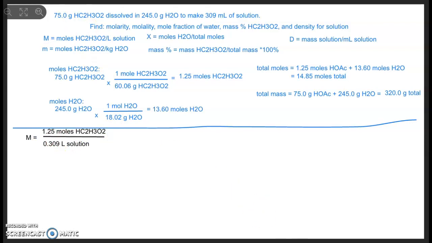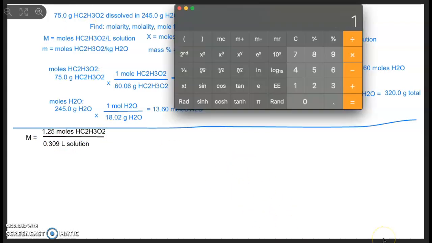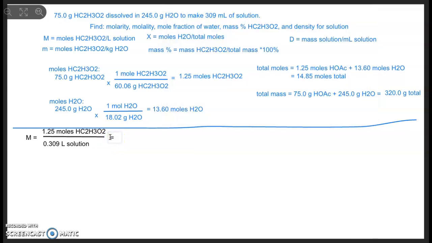And so solving that, 1.25 divided by 0.309 is 4.05 molar.